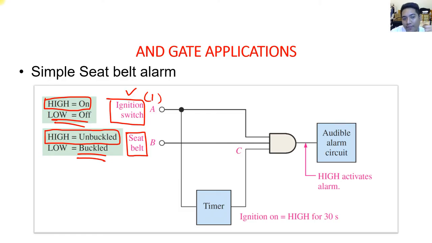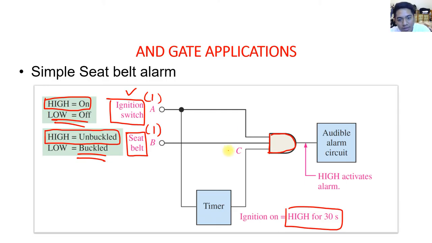So it will alarm because it will perform what? The AND gate. Basically, if you have 1 and 1 here, and then you have an AND gate here, and you have a timer here that keeps ignition on high for 30 seconds. For example, you just start the car for 30 seconds, and your seatbelt is unbuckled. The timing diagram will be high for 30 seconds.